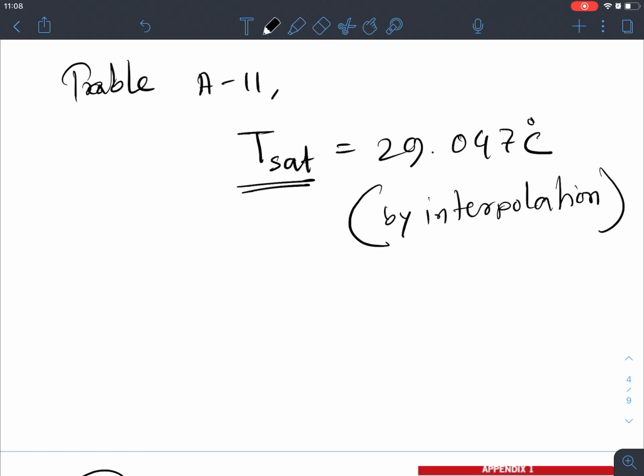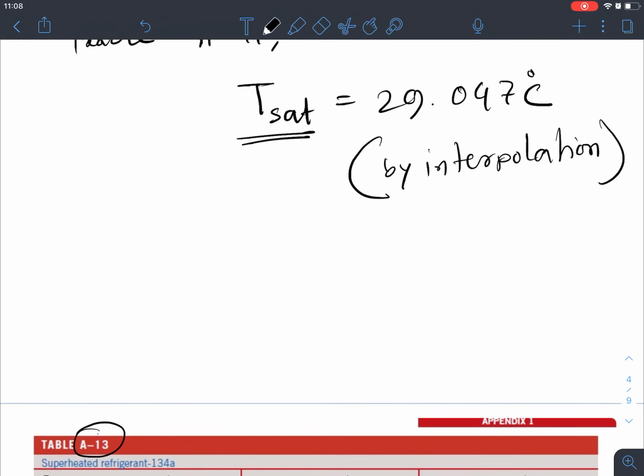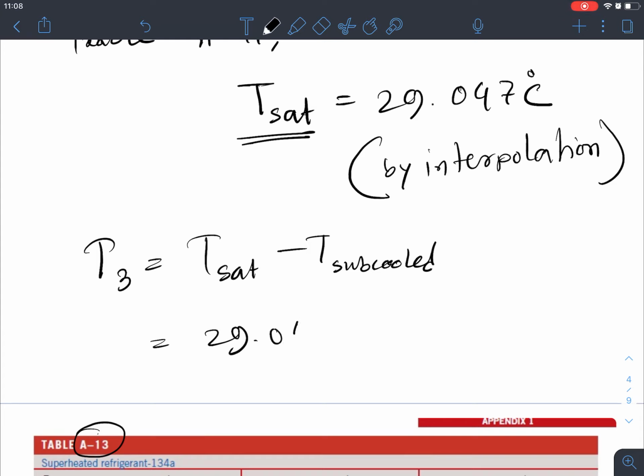The problem is telling us that it's subcooled by 3 degrees Celsius. So the temperature at point 3 would be T saturated minus T subcooled, which is 29.047 minus 3, which is 26 degrees Celsius.